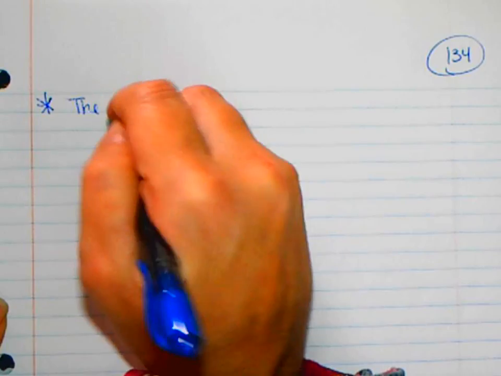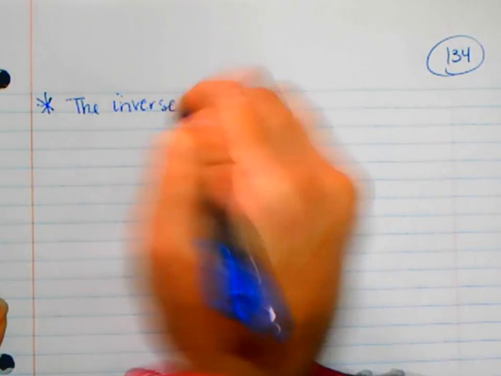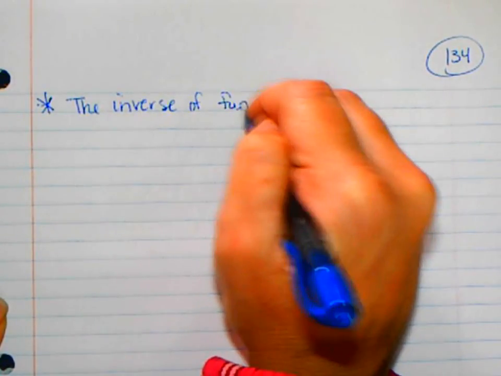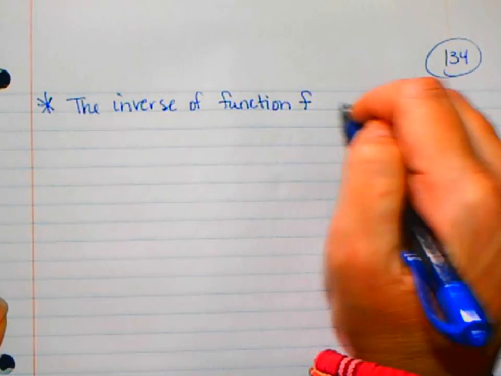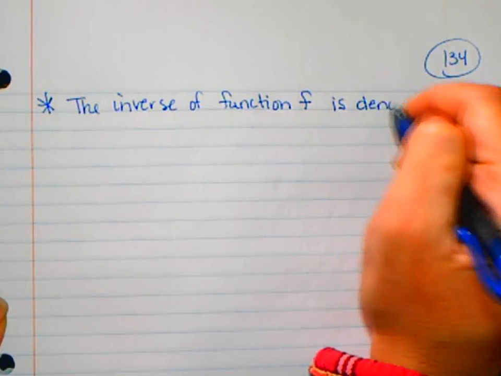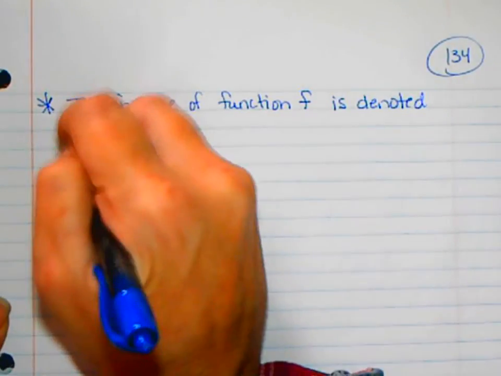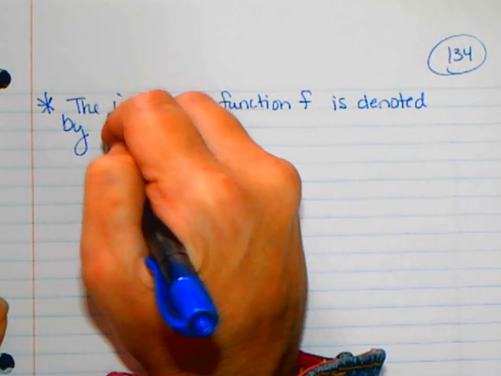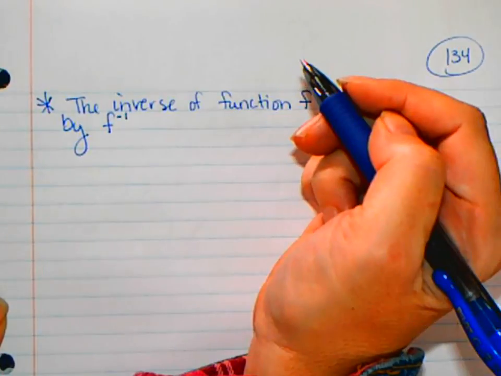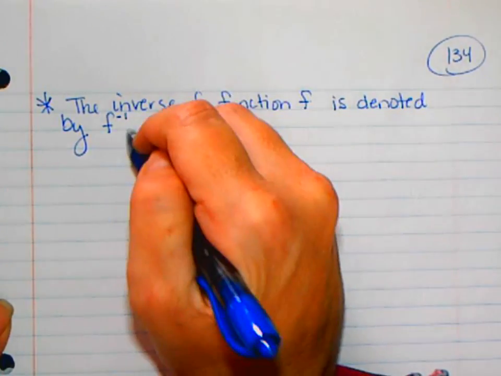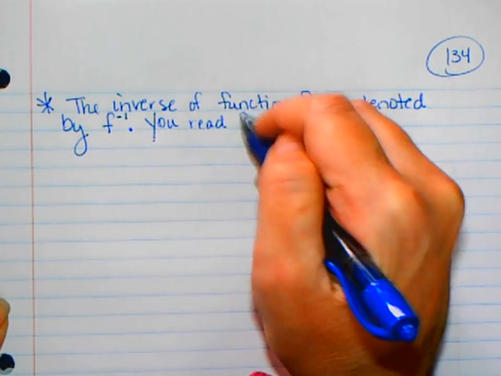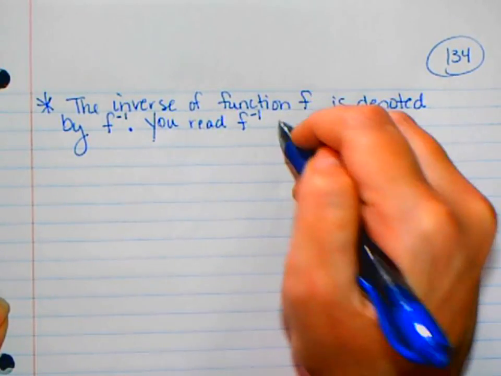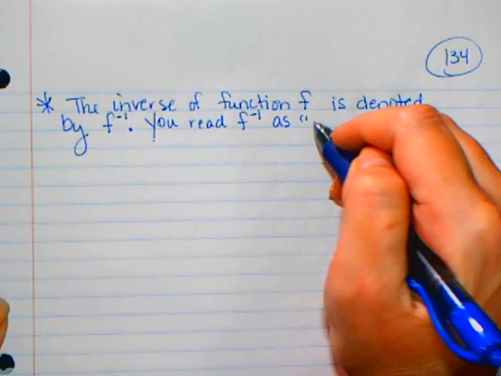The inverse of function f is denoted by f raised to the negative 1, but you read it as the inverse of f.